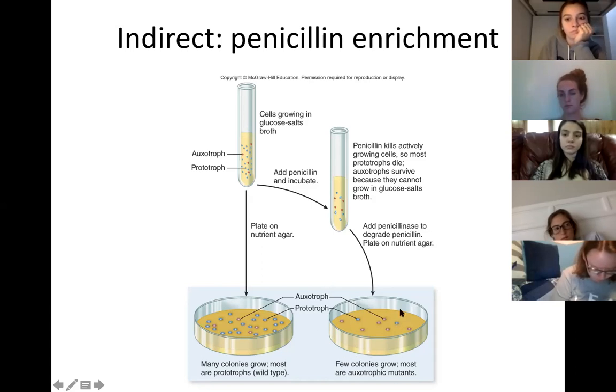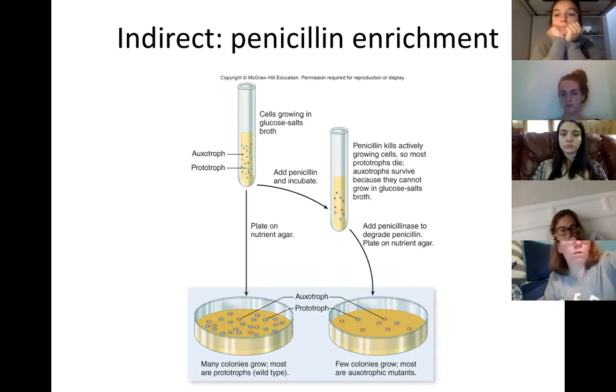You put them on the plate, and you now have a lot fewer wild type cells present on this plate than if you didn't add penicillin. And so it's easier, right? Because there's fewer colonies, you have to do less work when you're going through indirect selection.